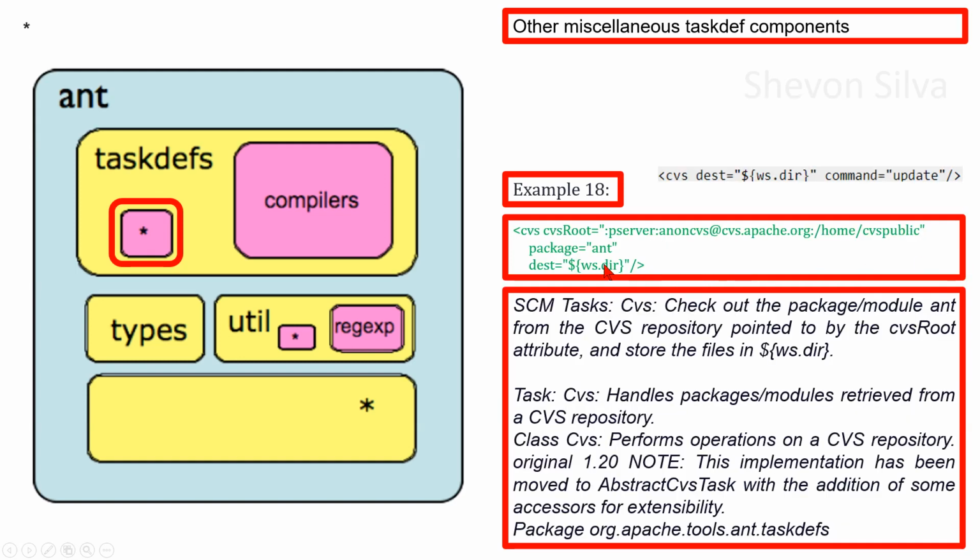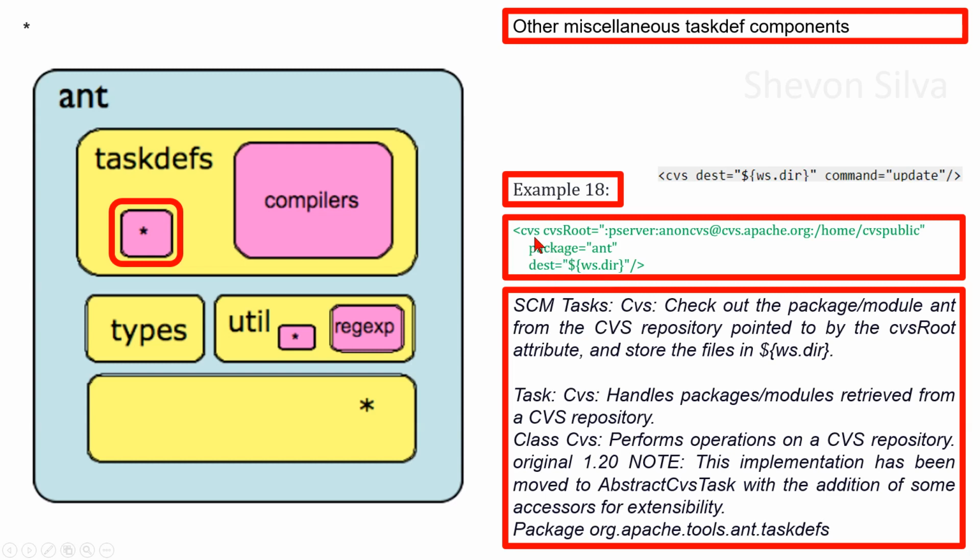Now we are considering CVS in SCM tasks. Here, check out the package/module from the CVS repository pointed to by the CVSROOT attribute and store the files in ${ws.dir}.